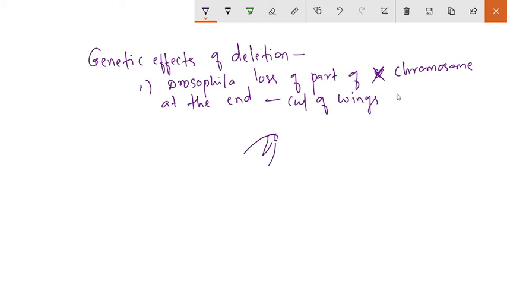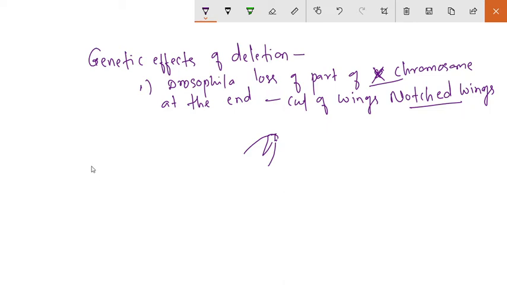So these cut wings they are also known as the notched wings. म्हणजे एक्स क्रोमोझोमचा थोडासा पार्ट टर्मिनल पार्ट कट झाला ओके, due to the terminal deletion of the X chromosome the normal Drosophila it shows the cut wings and that wings they are known as the notched wings okay.